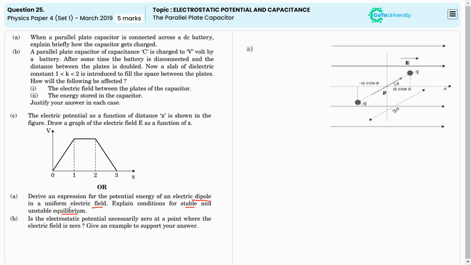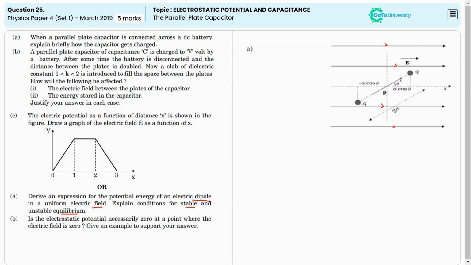If you see this diagram, you can see here this is the electric charge. It is moving in this direction. And if I take the dipole of minus q to q, the distance is 2a, with an angle theta.